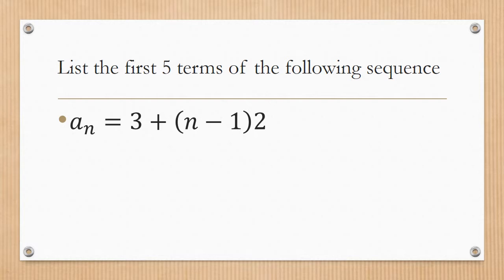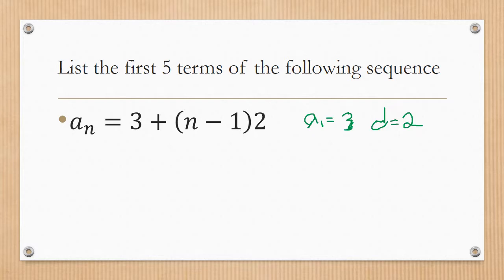If we look at the formula and the format of this nth term rule, we'll find out that the first term in this sequence is 3, and the common difference is 2.